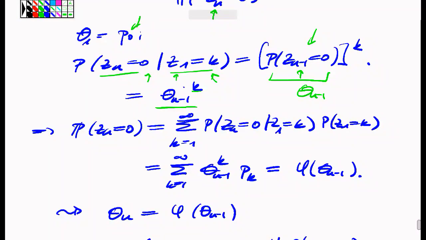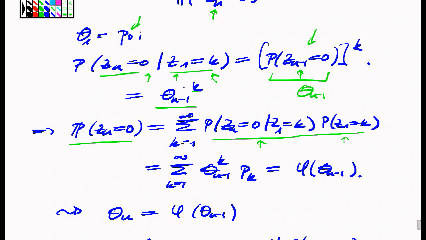And hence, if we ask for the probability to get extinct at time n, we can decompose this probability into a set of conditional probabilities, where the conditional probabilities are just the quantities which we have just discussed.